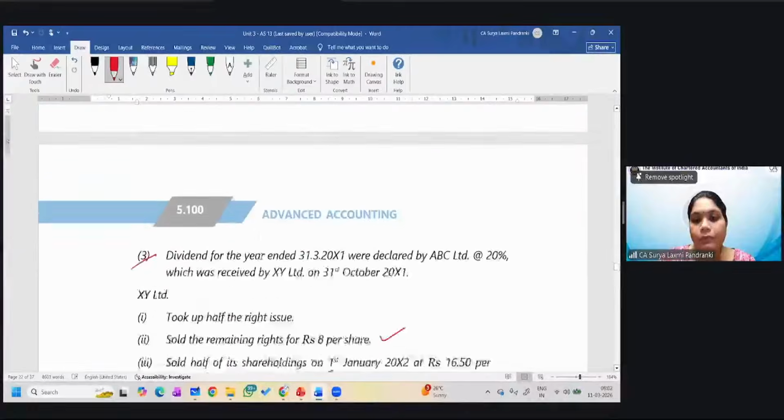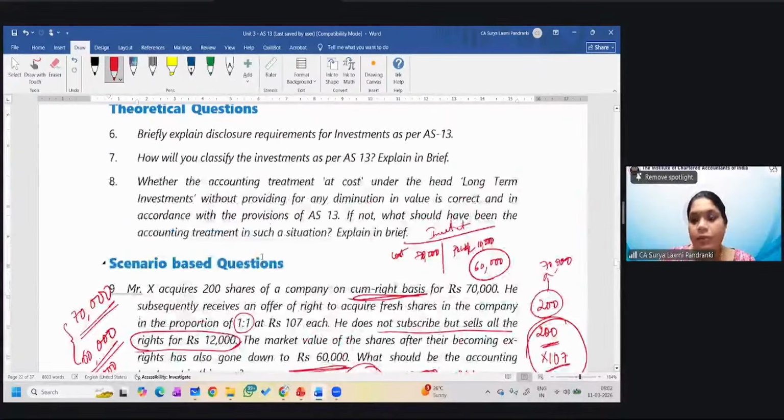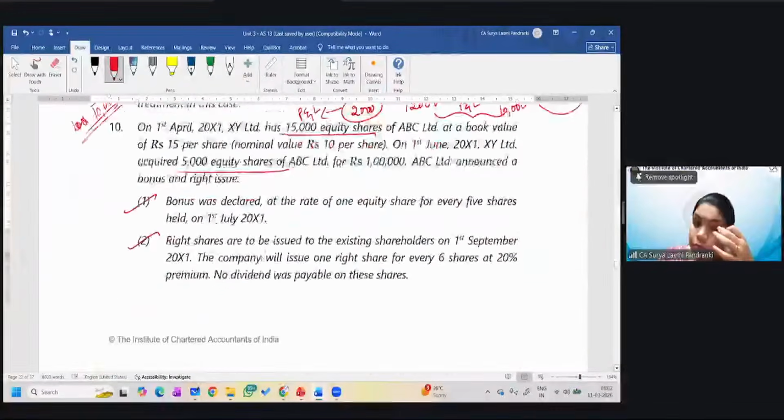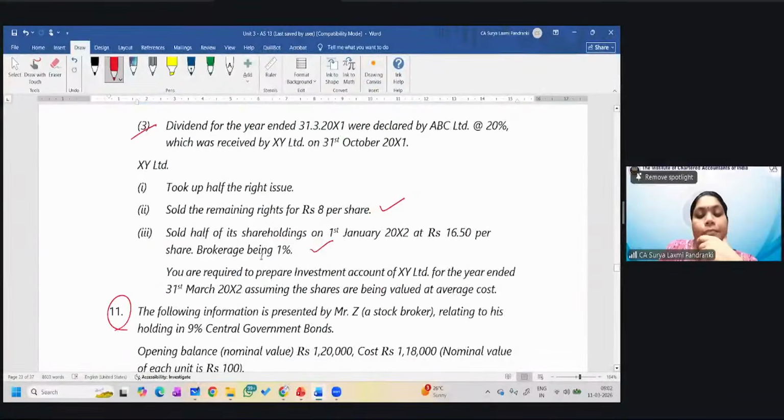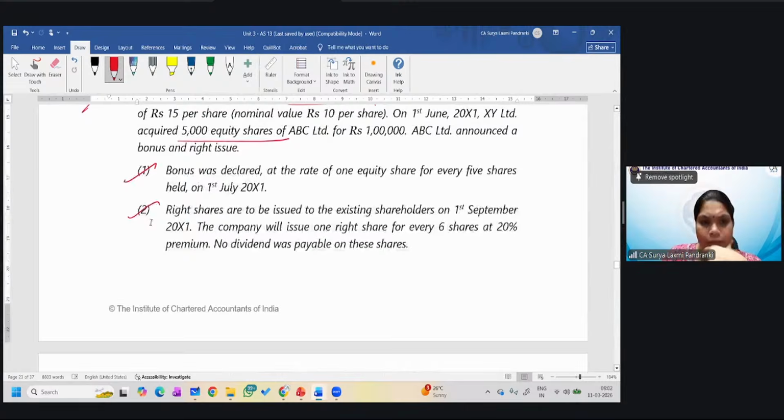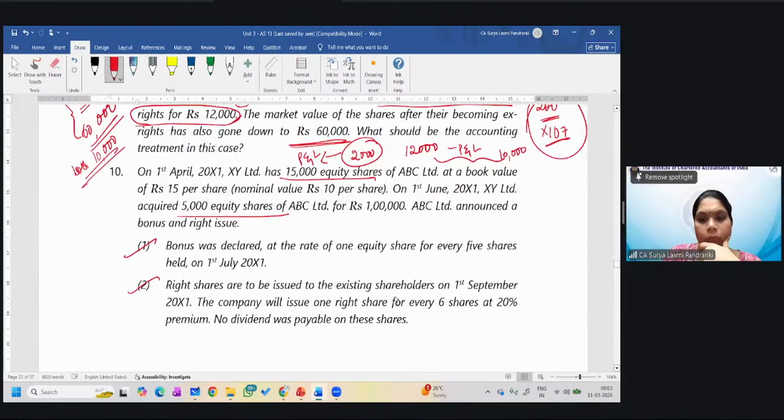Ma'am, in the 10th question, the rights issue is kind of confusing. Could you please explain it? Which one? This 10th one? Why is it confusing? They told one rights issue at 6, so this is 1:6, no? And they told 20% premium. We did this kind of question. The last question was the same, no?